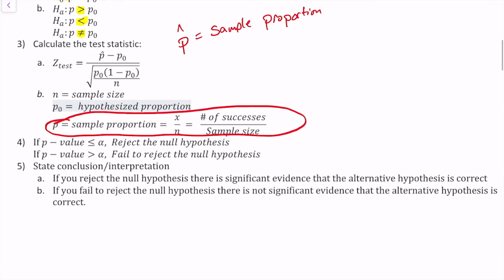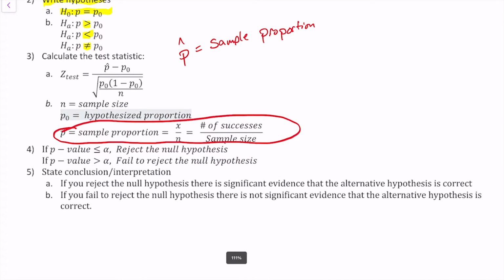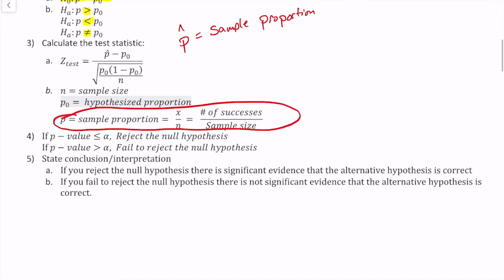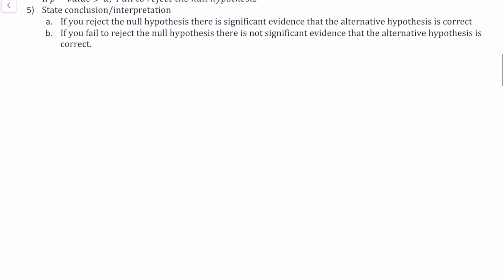If you reject the null hypothesis, there is significant evidence that the alternative hypothesis is correct. If you fail to reject the null hypothesis, there is not significant evidence that the alternative hypothesis is correct. Once again, I'm begging you, go back and check out the intro to hypothesis testing video for more information on what these individual steps are doing. With that in the background, let's get into an example.